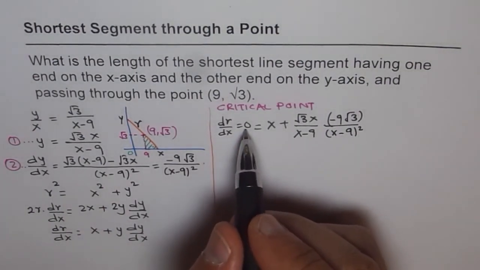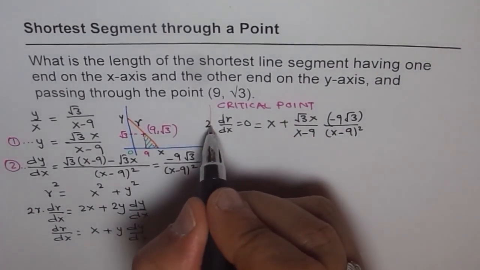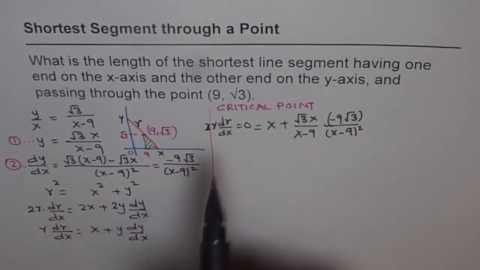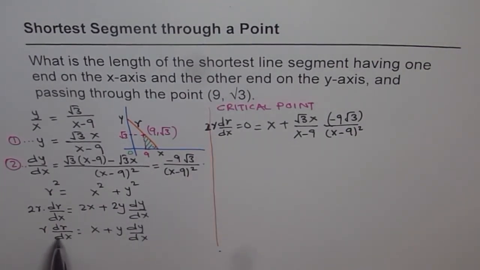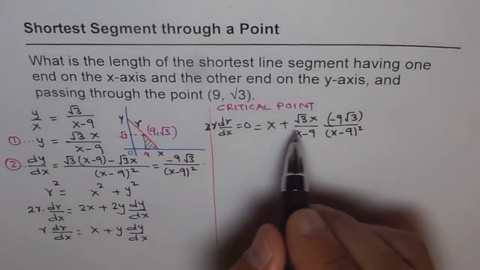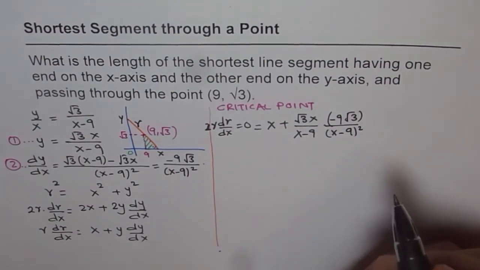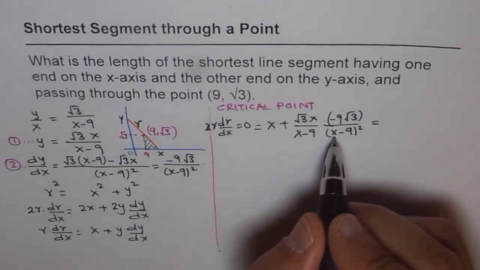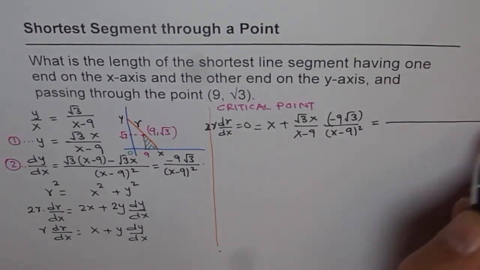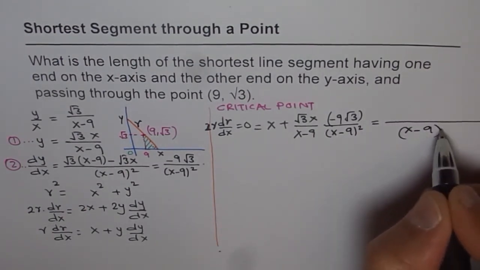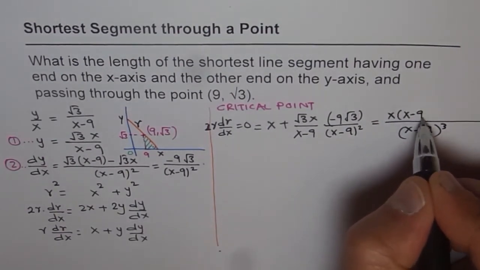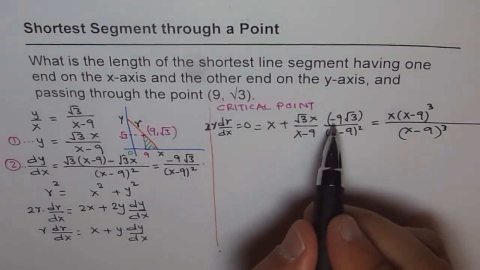When you equate dr/dx equal to 0, r times dr/dx will also be 0. Okay, remember that part. So this has to be equated to 0. Let's try to simplify what we have here. We can take (x minus 9) whole cube as the denominator. So we multiply by x, and we get x times (x minus 9) whole cube here, and there we get minus, correct?